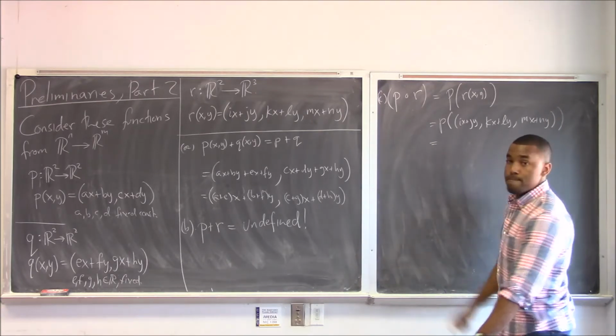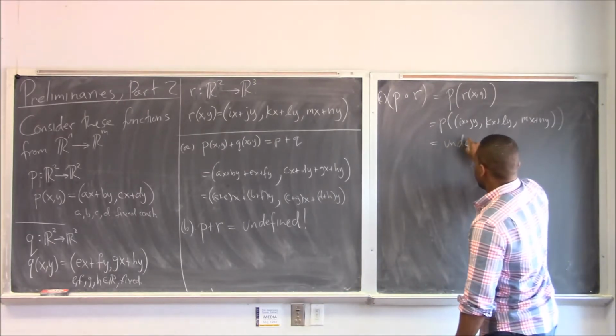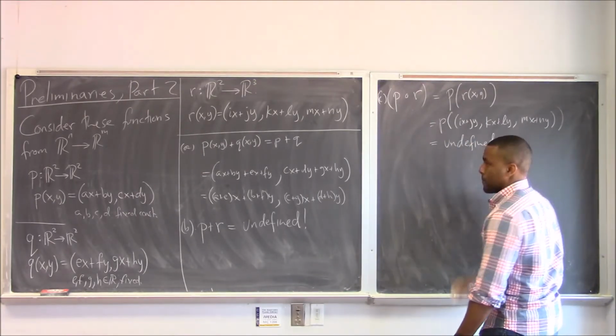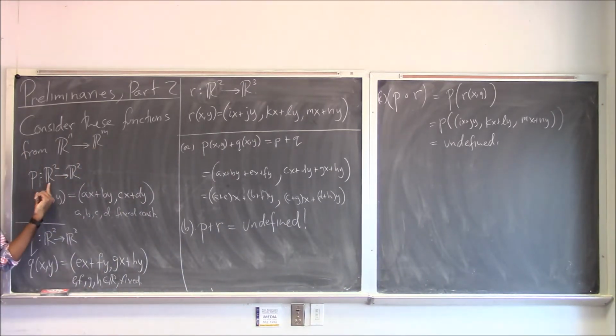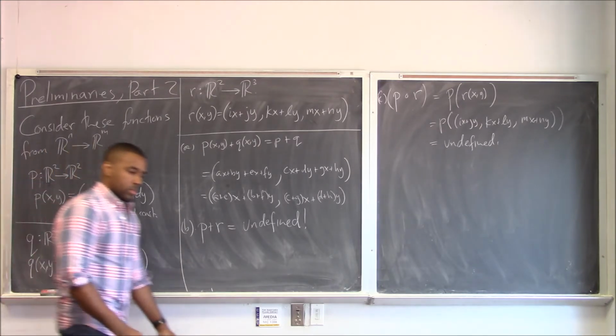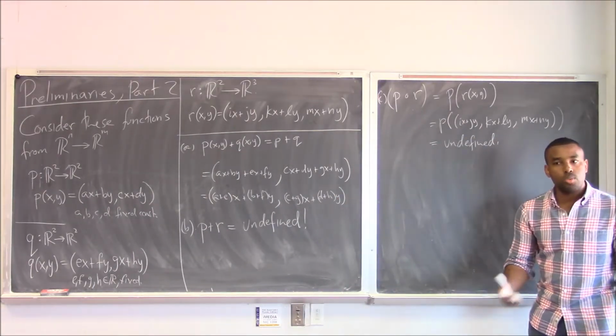What is that? Is it undefined? Undefined. Why is it undefined? It has no y. P takes two-dimensional things as input. It can only process 2 dimensions of information. You cannot give it 3 dimensions of information. It cannot conceptualize that. You can't plug that function into that one because, again, the dimensions don't work well together.